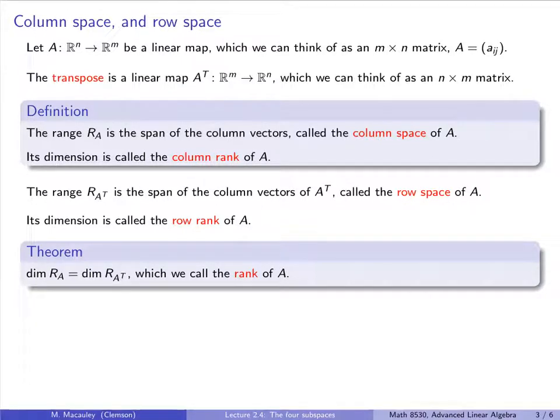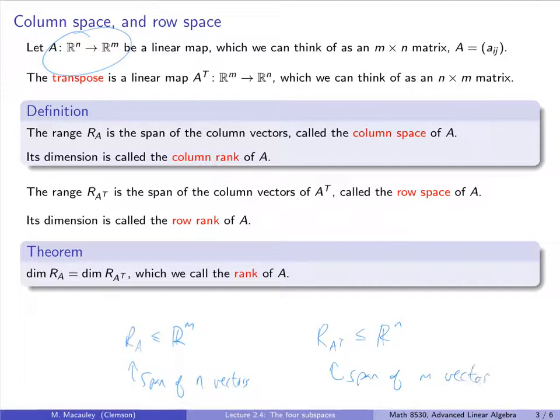Because of that, the column rank and the row rank are the same, which means we can give it a more general name and just call it the rank of A. Now, remember, if we're going from Rn to Rm, the range of A lives in Rm and is a span of n vectors, and the range of A transpose lives in Rn and is a span of m vectors.